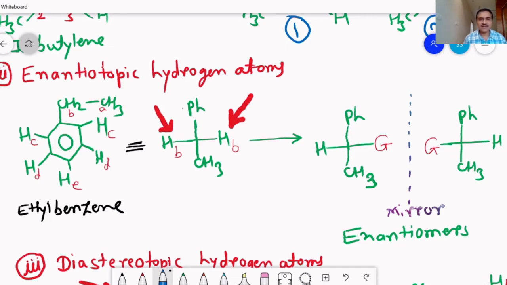We replace the HB and HB by the G group, and we get two structures, A and B. They are non-superimposable when we put the mirror in between, and hence they are enantiomers. Such type of protons is called enantiotopic hydrogen atoms.